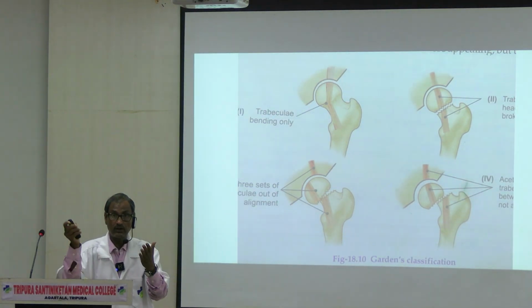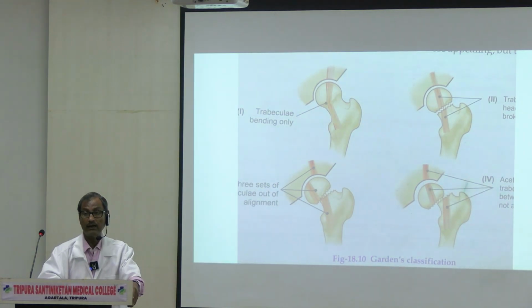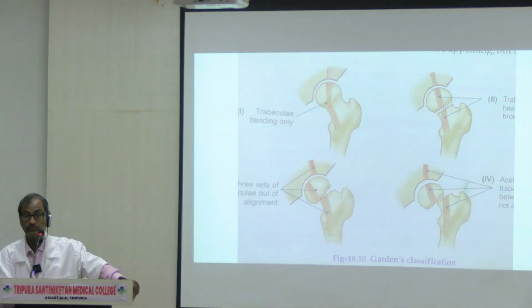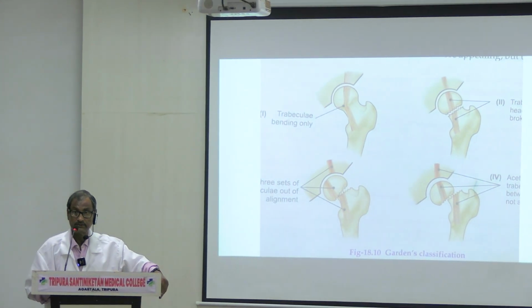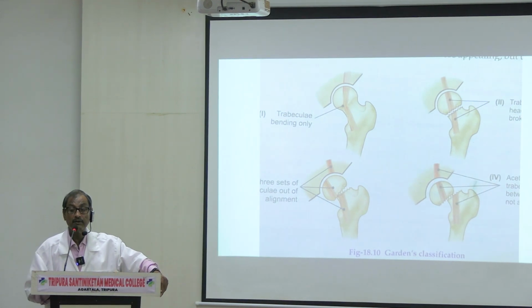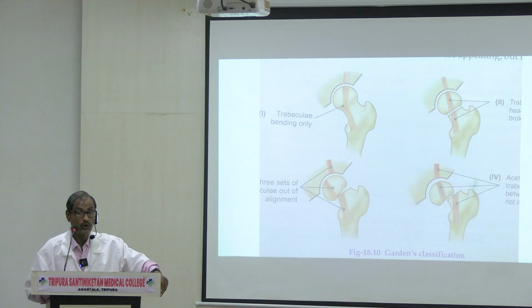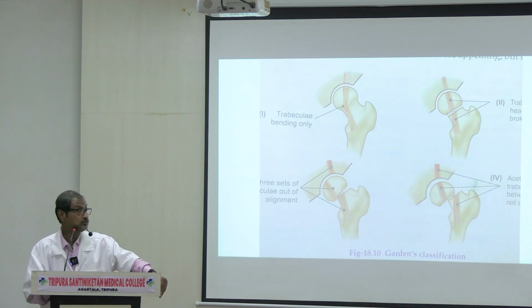We will see this photograph and adjust it and fix. Fixation is to be done within 6 hours of trauma. If it is not treated within 6 hours, delayed union, non-union or avascular necrosis of the femoral head, the incidence will be more.